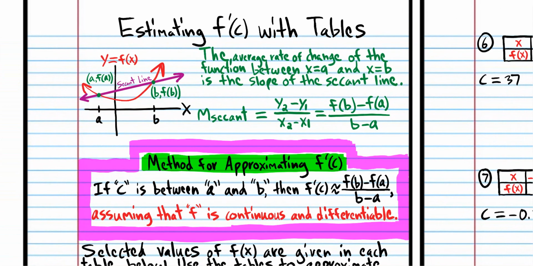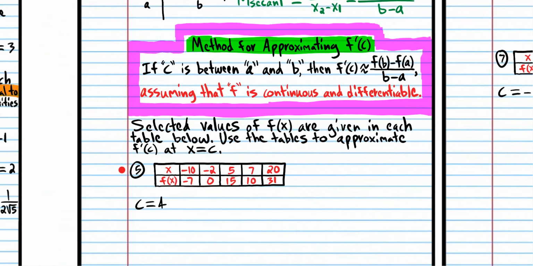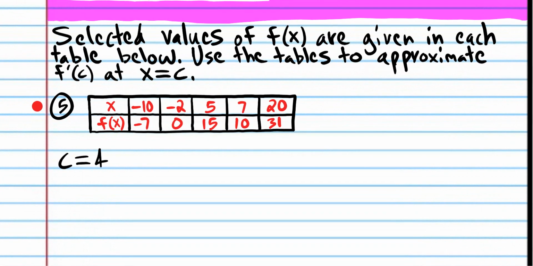So here's the method that we're going to use, stated here, and you can get a picture of this information if you want, but it's much easier to just do a practice problem, and then you're going to get an idea of what we're doing here. So it says selected values of f of x are given in each table below.